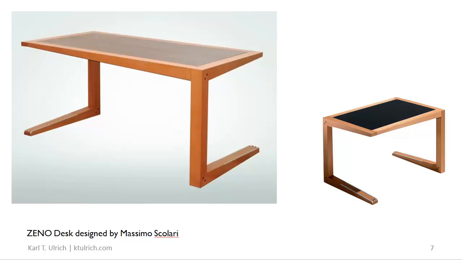You probably are thinking, wait a second, will that even stand up? And indeed, when you look at it a little longer, you realize that yes, in fact, the geometry of this desk is such that it is stable. But what Scolari is doing is deliberately messing with our physics computer in order to make this an intriguing object.